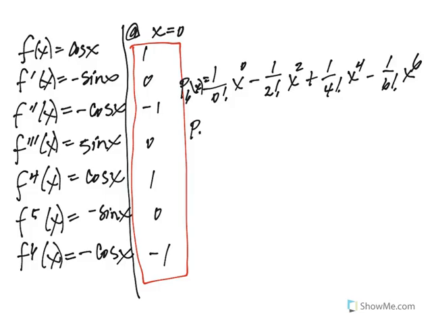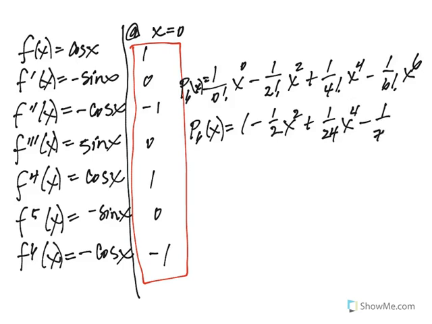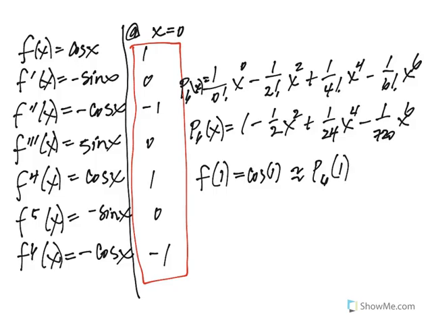If I clean this up, p sub 6 of x then turns out to be 1 minus 1/2 x squared plus 1/24 x to the 4th minus 1 over 720 x to the 6th. Now, if I'm looking for the cosine of 1, that's f of 1 is equal to the cosine of 1, which is going to be roughly equal to or approximated by p sub 6 of 1.